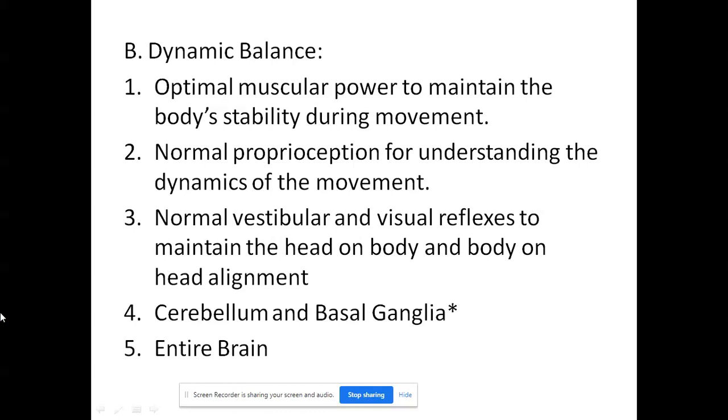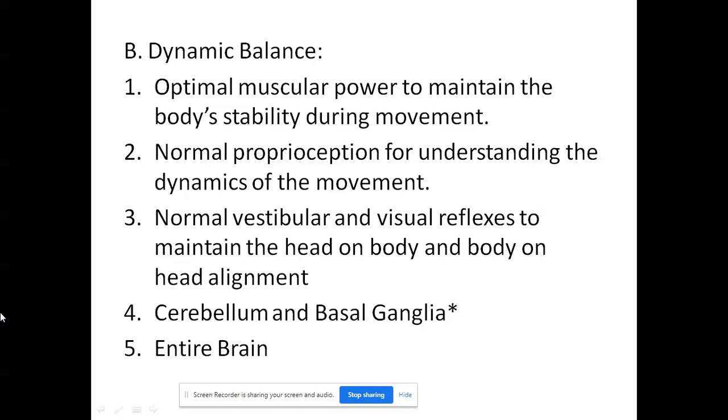Coming down to dynamic balance, optimal musculature power, not only of the lower extremity and trunk but of the entire body, is needed when you walk, when you jog, or when attaining any dynamic balance. Second point, normal proprioception is very important for dynamic balance, with respect to both joint proprioceptors as well as muscle proprioceptors.